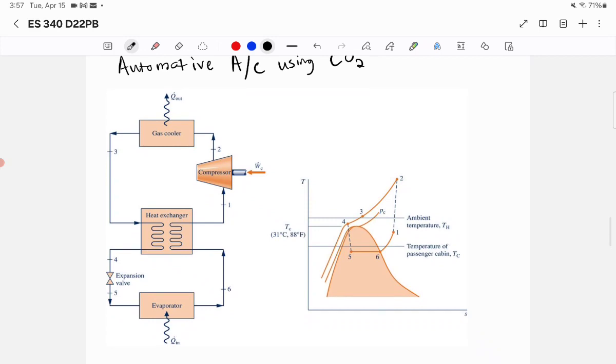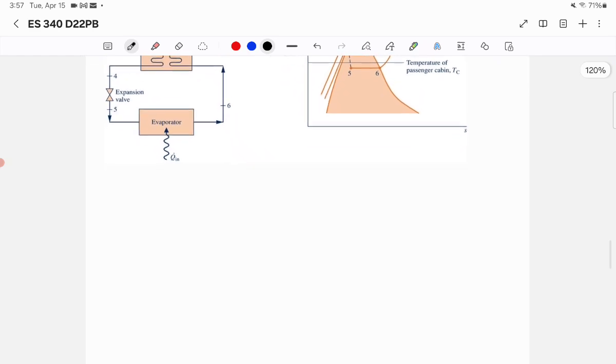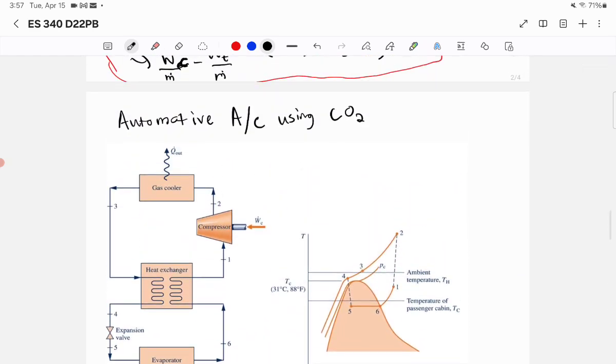Now, the last application that I'll discuss, that might be interesting now that we're analyzing real-world systems, is automotive air conditioning, in this case using CO2 as the refrigerant. Your car AC probably does not have this particular type of setup, but in theory it could.